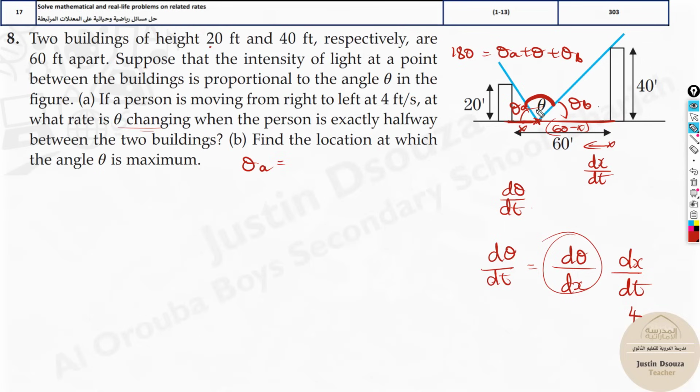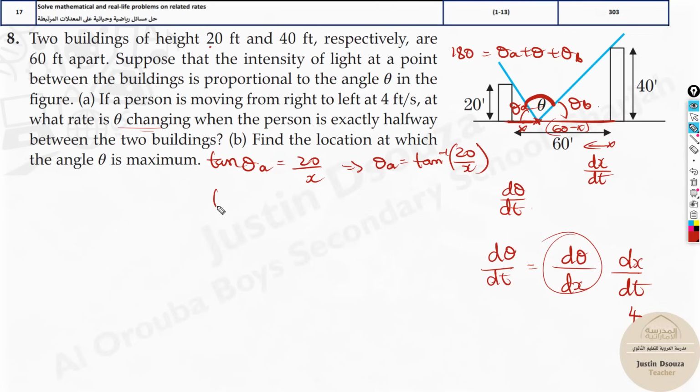Over here, the theta is happening, right? So theta A can be written as tan theta A equals opposite, that is 20 divided by x. Or we can also write theta A equals tan inverse of 20 by x. This is the value.